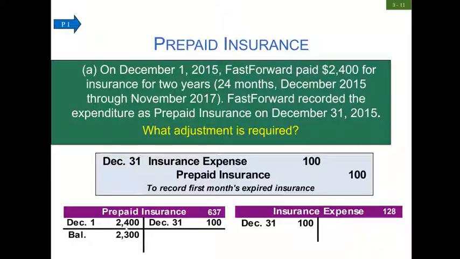You'll see here in the prepaid insurance, we have 2,400 debit and 100 credit based on this adjusting entry. The remaining balance, 2,300, will be used in future years. And for insurance expense, we have 100 on the debit side.